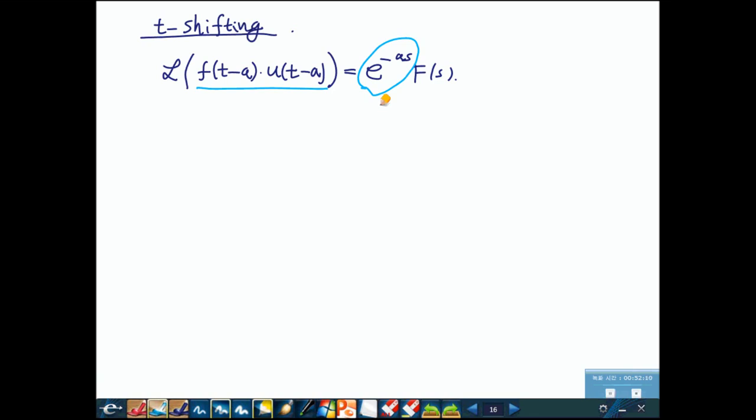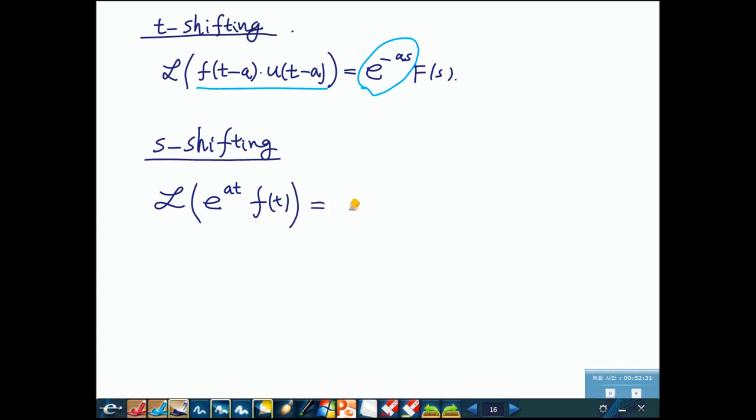S shifting it was in reverse, right? S shifting was e to the a t times f of t is F of s minus a.